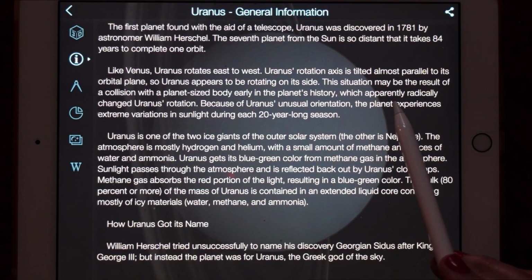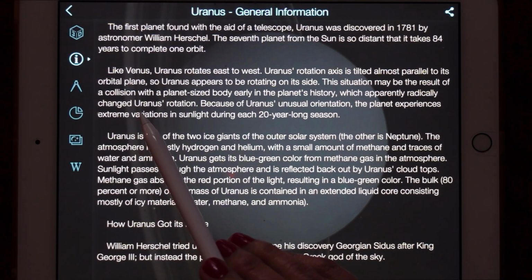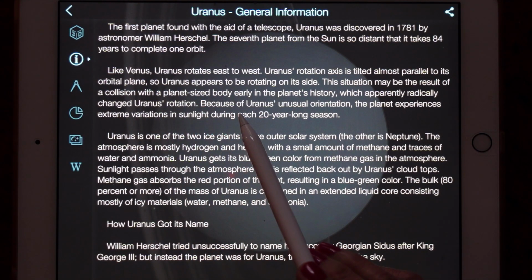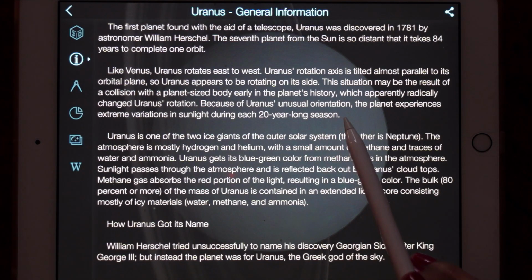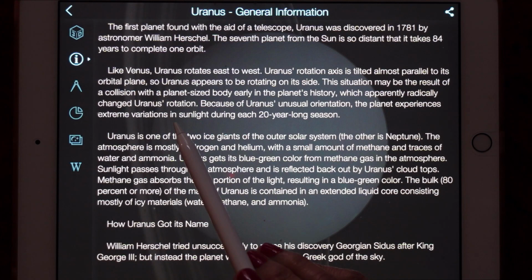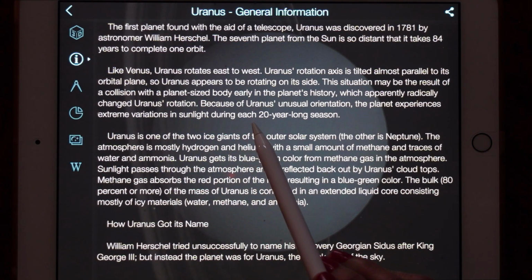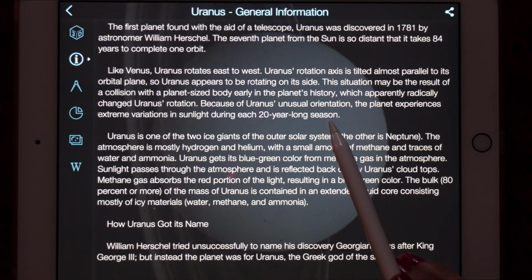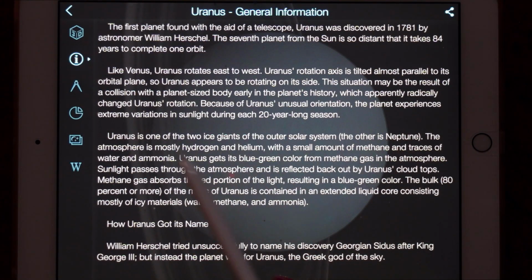This situation may be the result of a collision with a planet-sized body early in the planet's history, which apparently radically changed Uranus's rotation. Because of Uranus's unusual orientation, the planet experiences extreme variations in sunlight during each 20-year-long season.